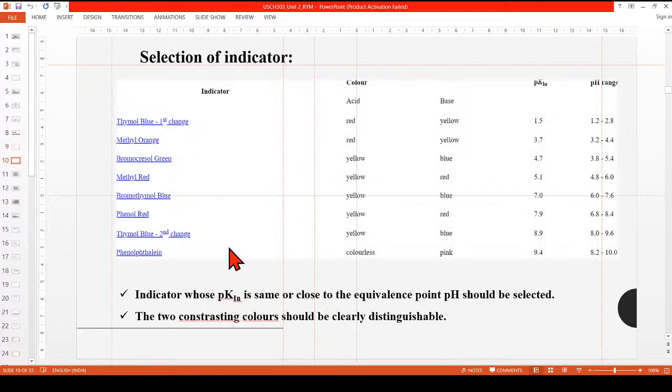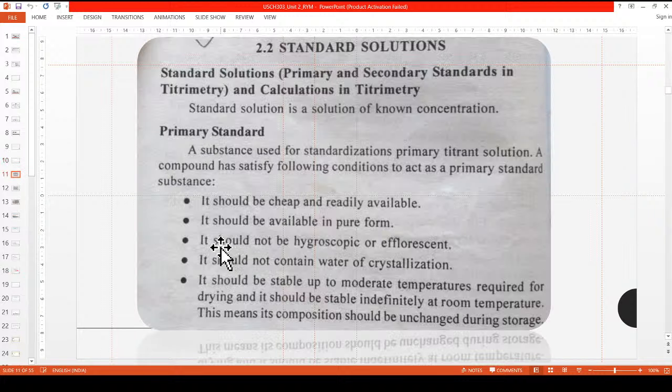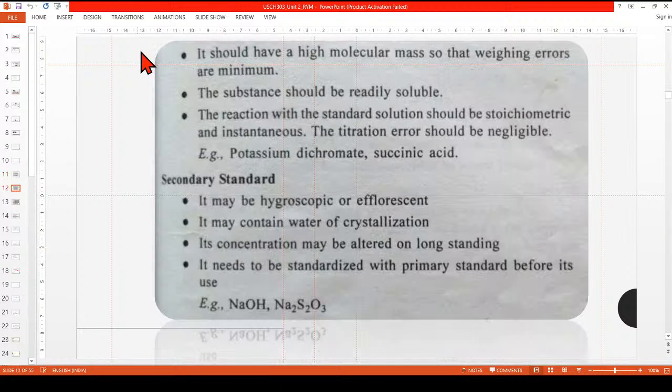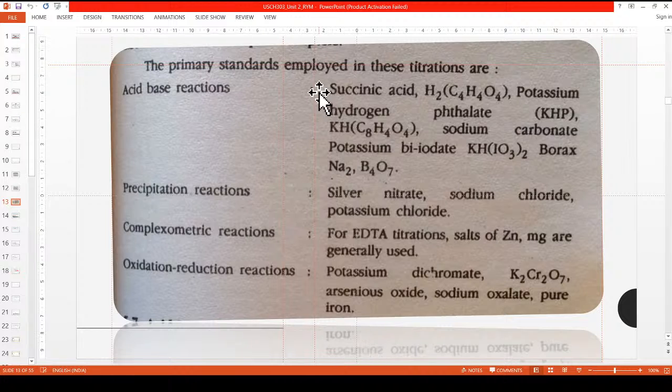After that, we have seen how indicators are selected, then the concept of standard solutions, their requirements and examples of those, then the concept of secondary standard, the highlights of secondary standards, then examples of primary standard.